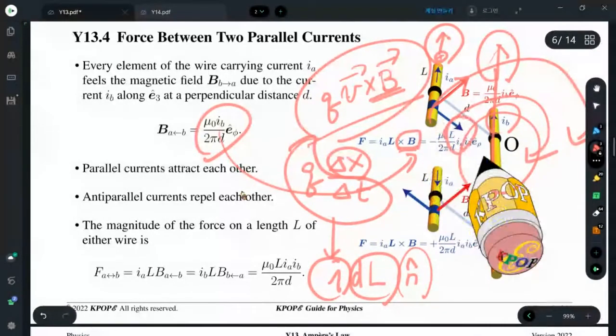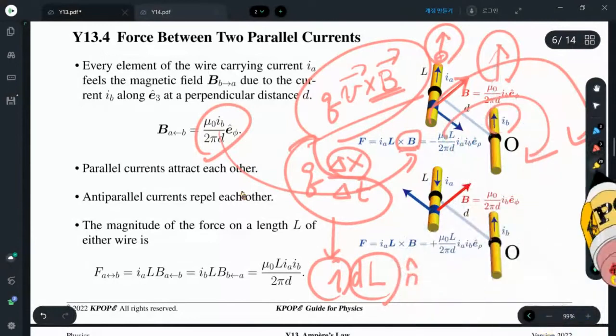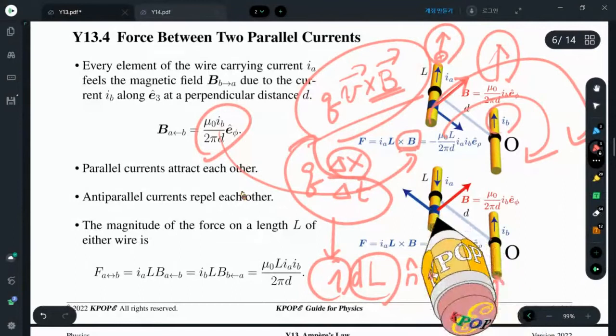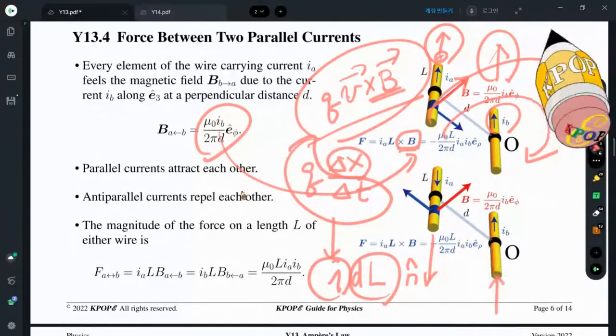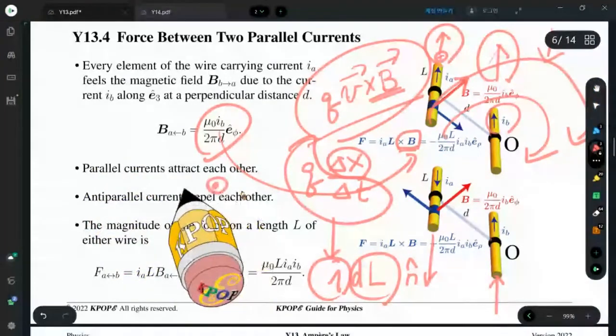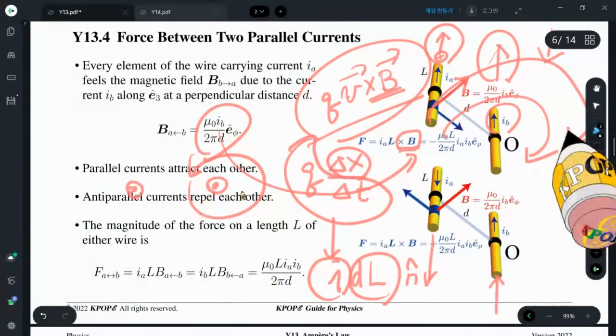Finally, you will find if the two currents are parallel, the force is attractive. In case the currents are flowing in opposite directions, they are repulsive. Okay? If you look at this figure from upward, current is flowing out, magnetic field.